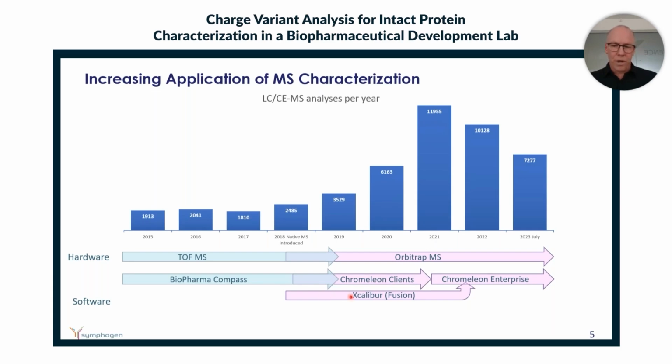For the Fusion, our Tribrid, we had to use Excalibur. We really wanted to move that into the Chromeleon environment because it's a much more efficient environment for analyzing chromatographic traces, comparing a large number of samples, and annotating your peaks. But the Tribrids weren't supported until 2022, so we could finally do the migration there. So that's primarily software controlling our platforms.